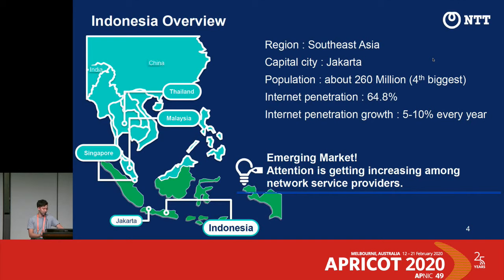The penetration rate is 65%, and it is increasing every year by 5 to 10%. This data is from IDNIC. Thank you very much. By taking these positive numbers, people think that Indonesia is an emerging market, and we have recently received a lot of inquiries from ISPs and OTT content providers.